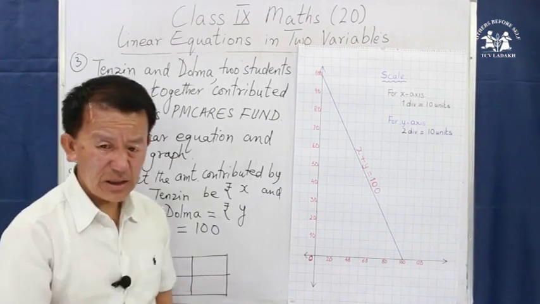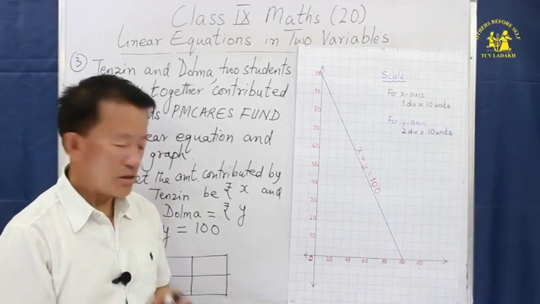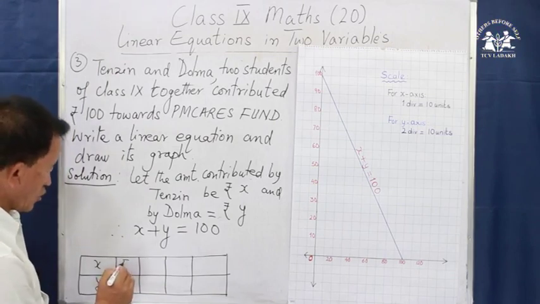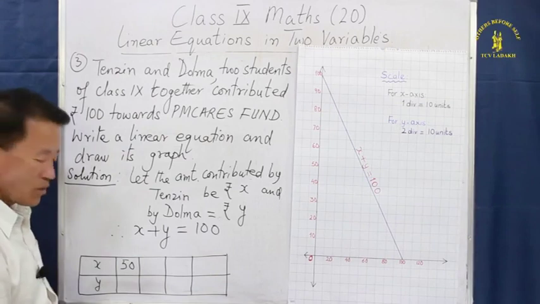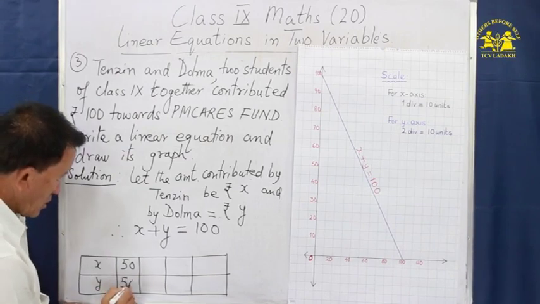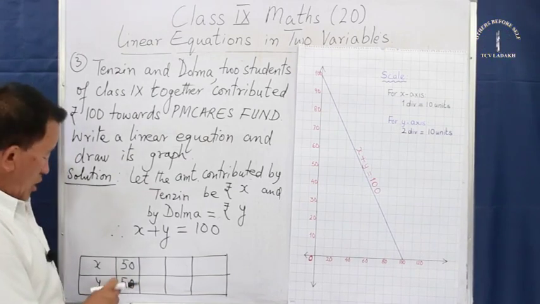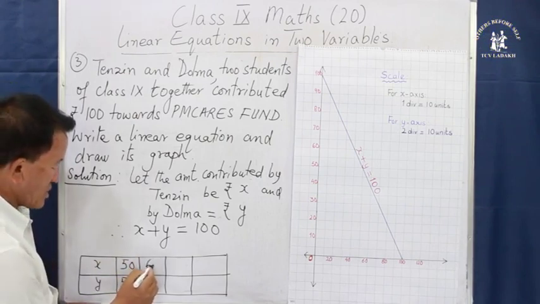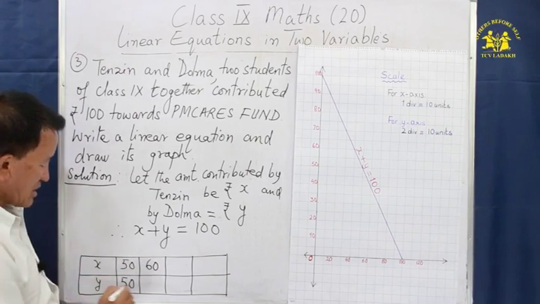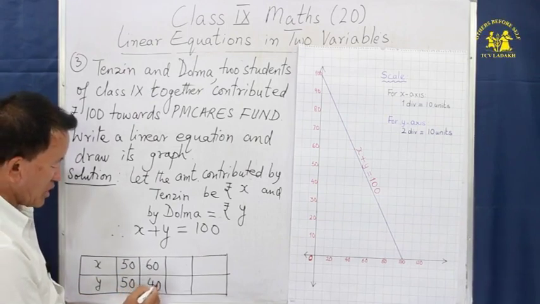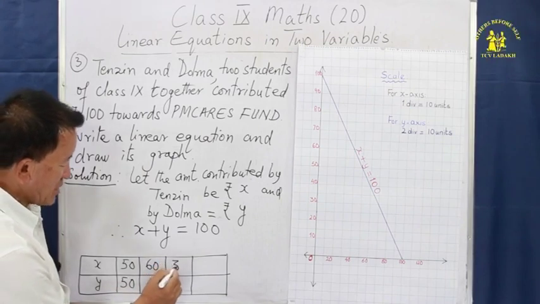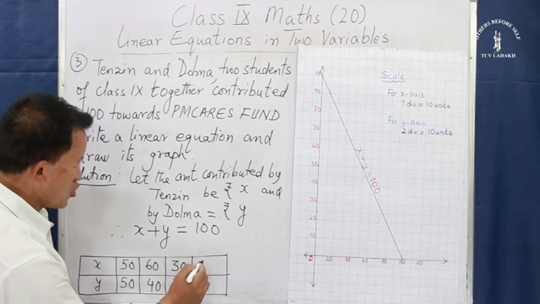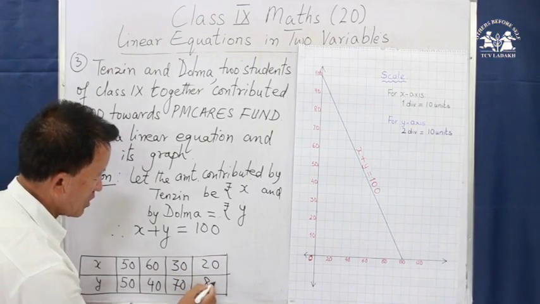For example, if Tenzin contributes 50, automatically Dolma will contribute 50, together 100. So similarly, if x is 60, then y will be 40. If x is 30, y is 70. If x is say 20, then y will be equal to 80.